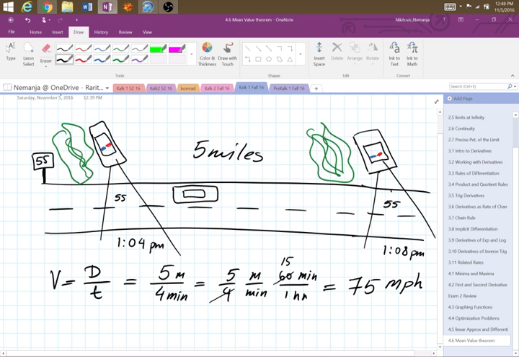So the average speed that this car had between the first trap and the second trap, all right, the average speed is 75. Went through both of these at 55, which is 20 off, so this car is probably doing 90 at some point here, or maybe even more, right?